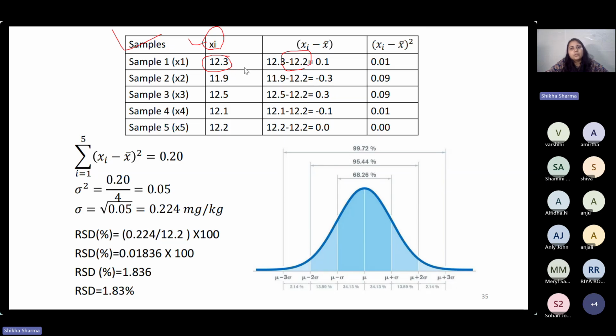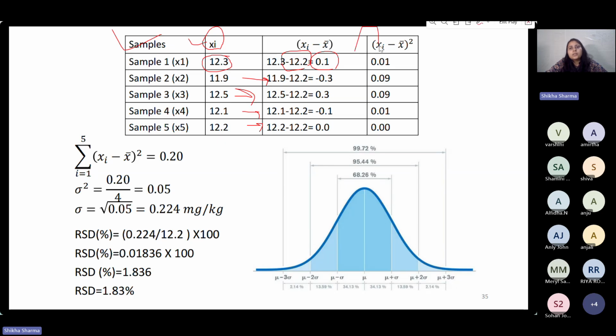So 12.3 minus 12.2 is 0.1. Then 11.9 minus 12.2 equals minus 0.3. Then 12.5 minus 12.2 equals 0.3. Then 12.1 minus 12.2 equals minus 0.1. And then 12.2 minus 12.2 will be 0.